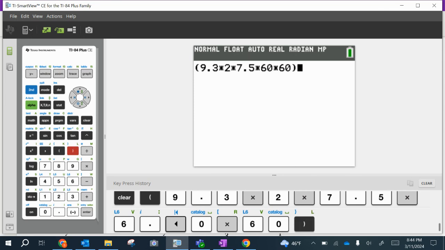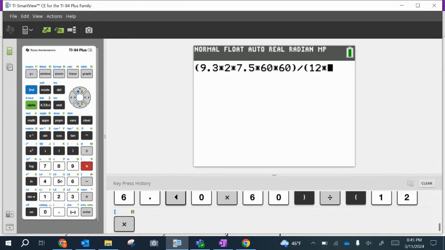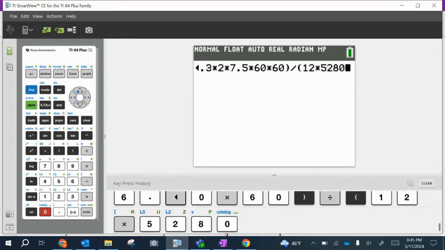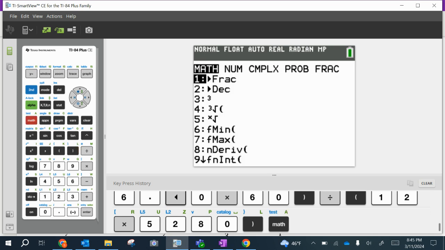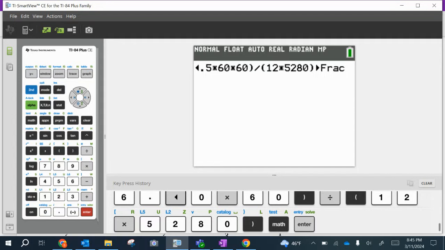So that is across the top for my numerator, and then I'm going to do across the bottom for my denominator. So I have 1 second times 1 revolution times 1 radian times 1 per minute times 1 per hour times 12 inches in 1 foot times 5,280. And then if I hit the math button, that first option is frac.